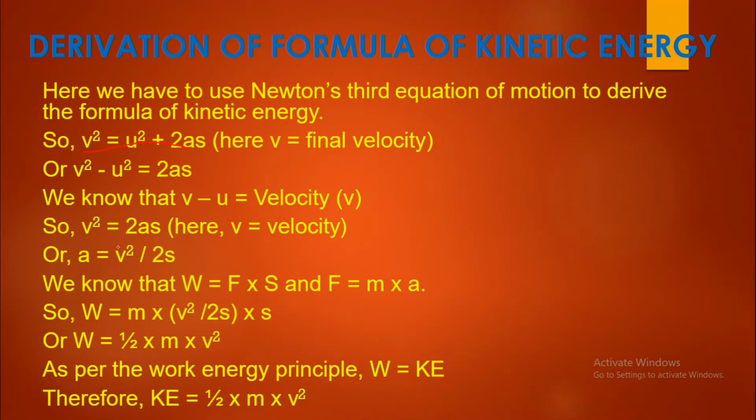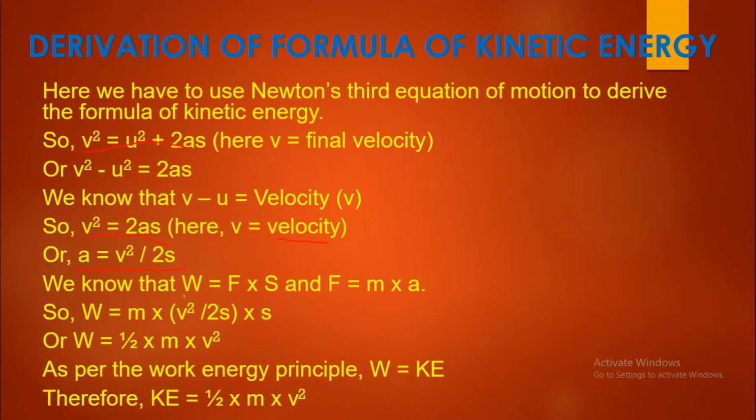So by this we will get V square is equal to 2AS. Here V is only velocity, not final velocity. So A is equal to V square by 2S.